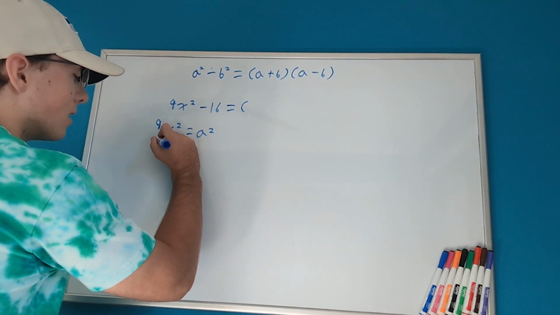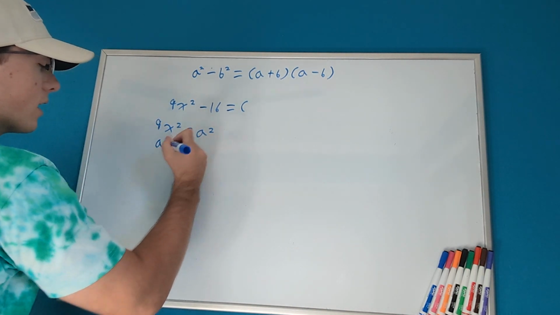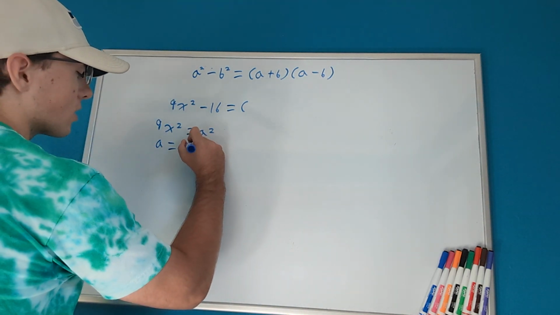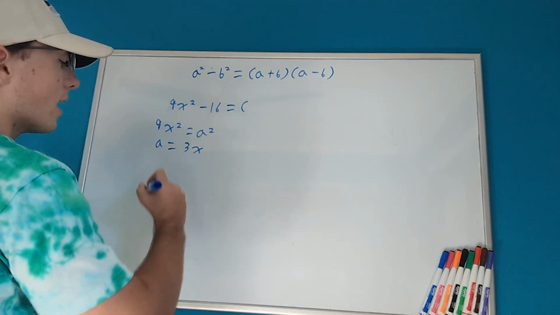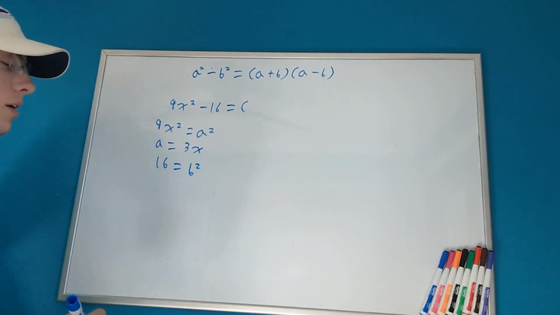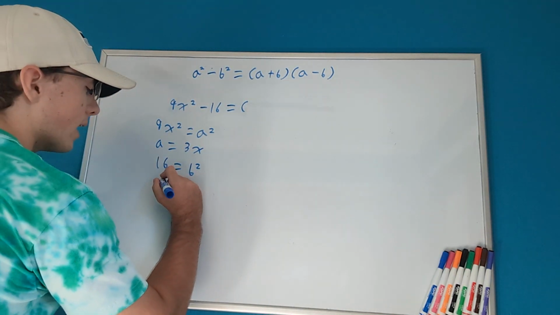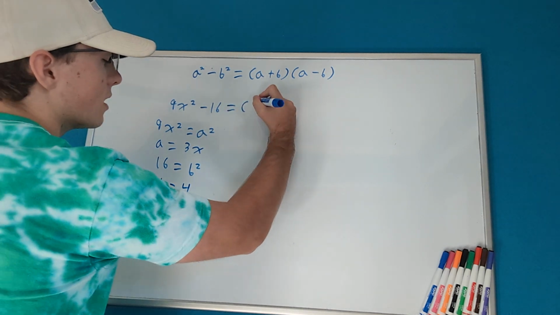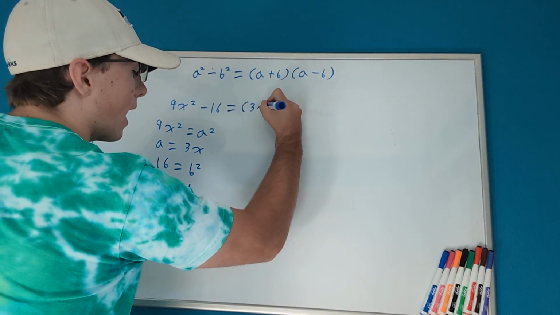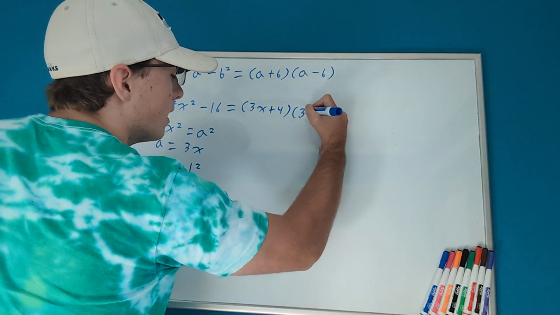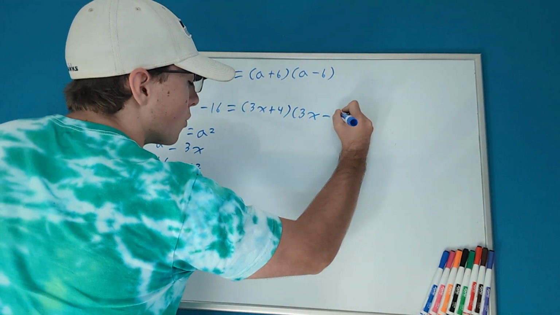So if a equals the square root of this, the square root of 9 is 3, and the square root of x squared is x, so 3x. Then 16 equals b squared, right? So if we just want to figure out b, we take the square root, and we get b equals 4. So then we can say this equals 3x plus 4 times 3x minus 4.